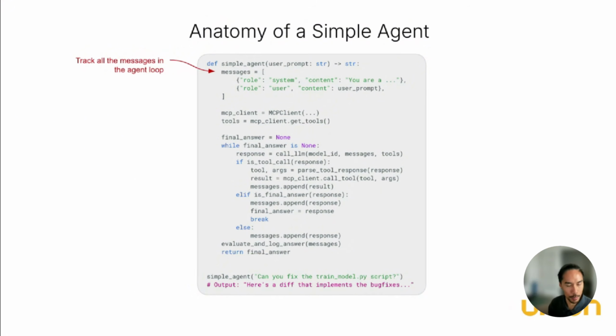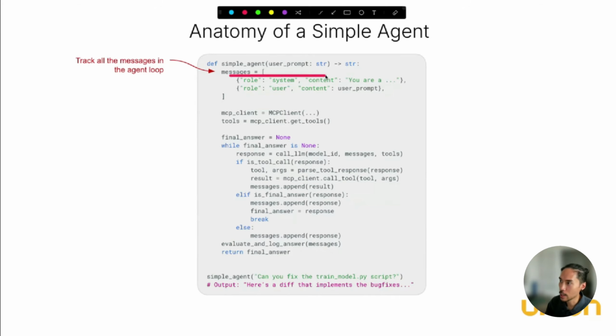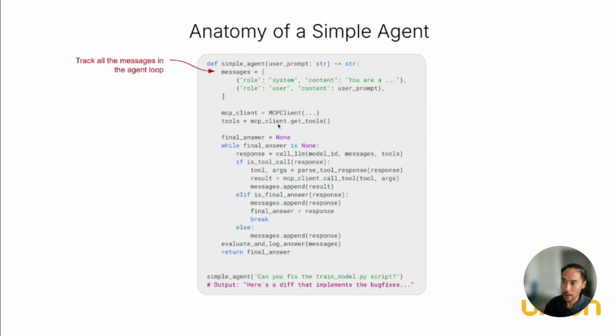It's just a message stack that starts with a system prompt and then follows up with the user prompt. And throughout the for loop, going back to the Anthropic definitions, you can think of an agent as a for loop of an LLM with tool calls. So this is literally that, in a little bit of high-level pseudocode in Python.